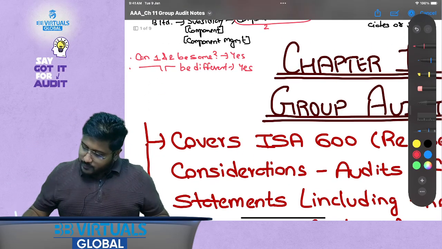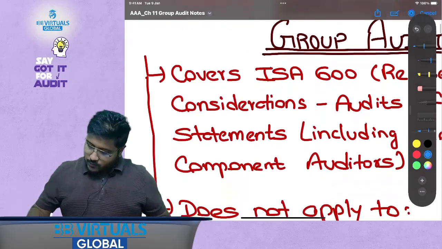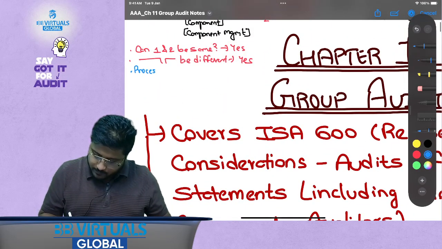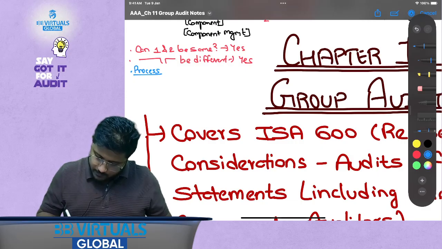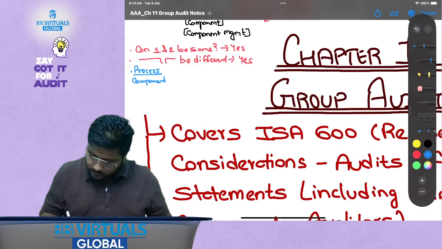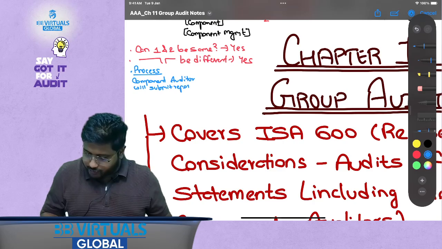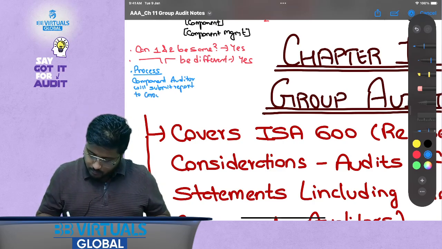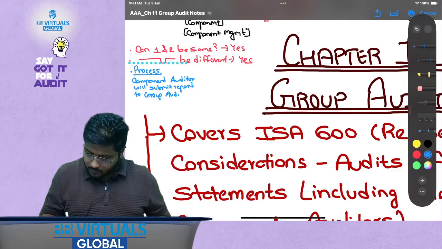So let's have a quick summary of whatever we know. The process: the component auditor, assuming the component auditor is competent, will submit a report to the group auditor.